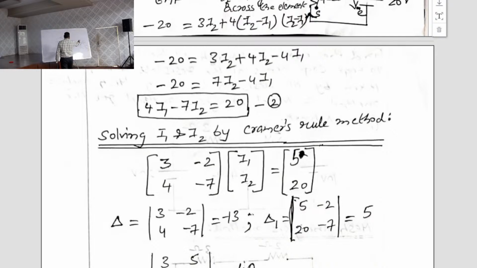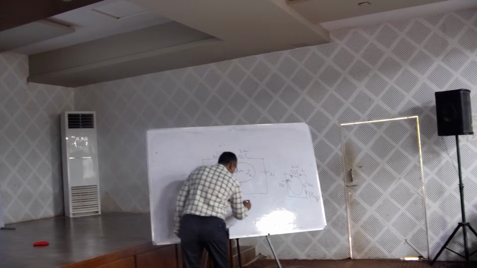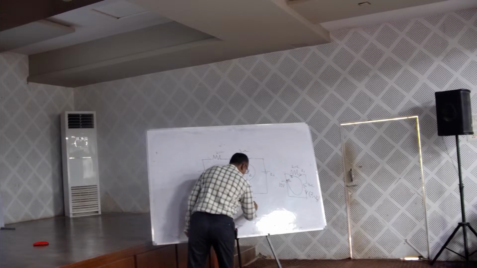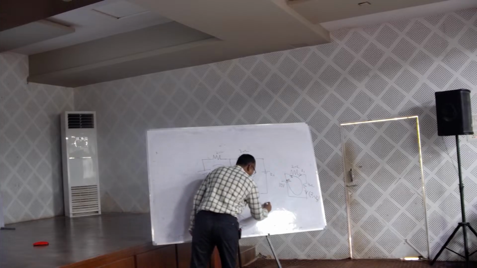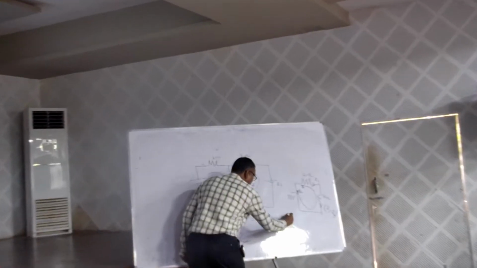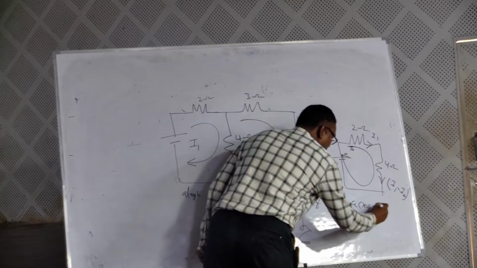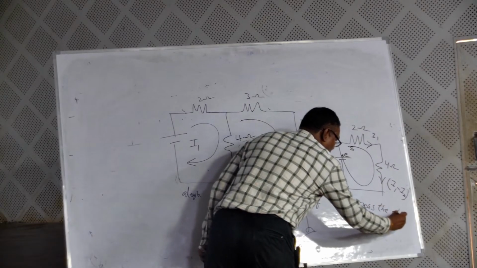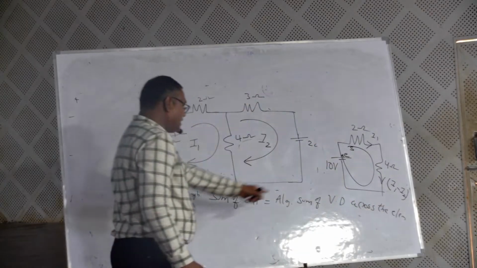After drawing this diagram, make a sentence: the algebraic sum of EMF is equal to the algebraic sum of voltage drops across the elements.